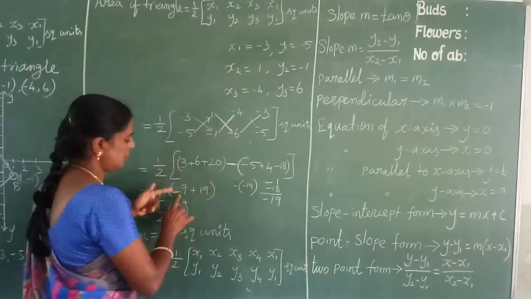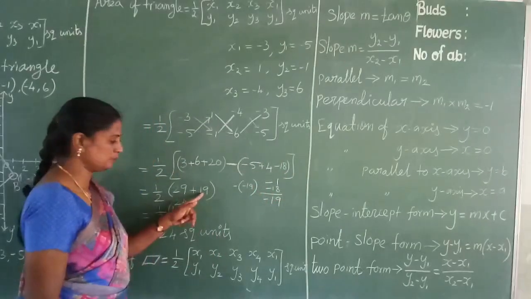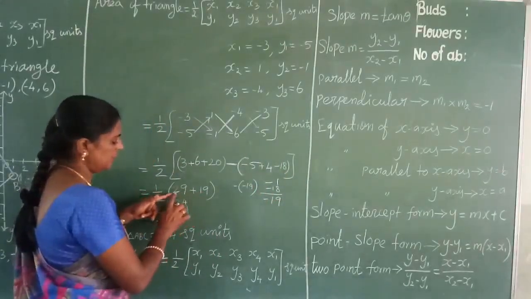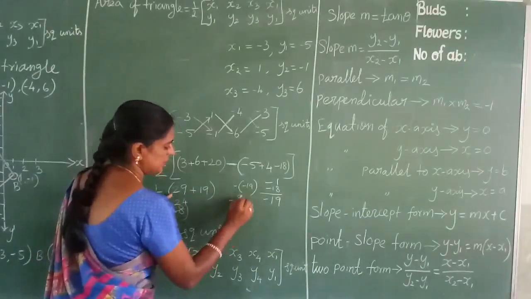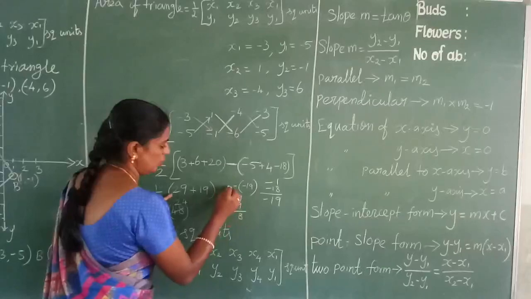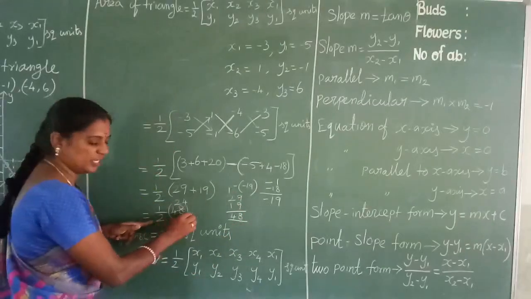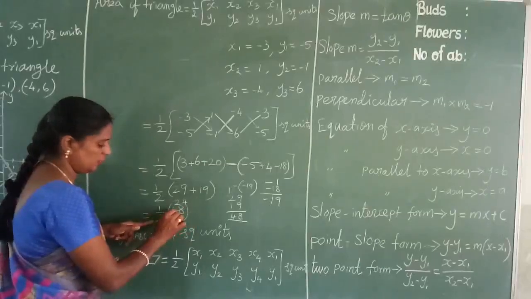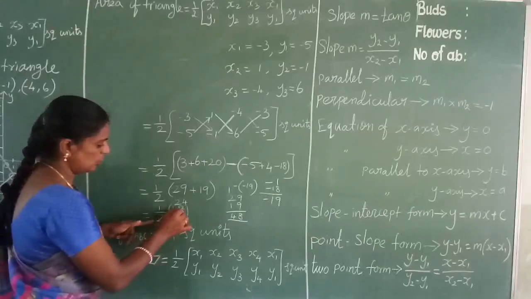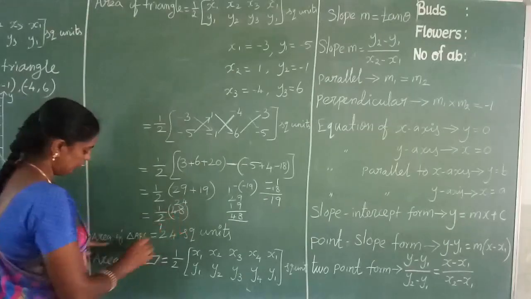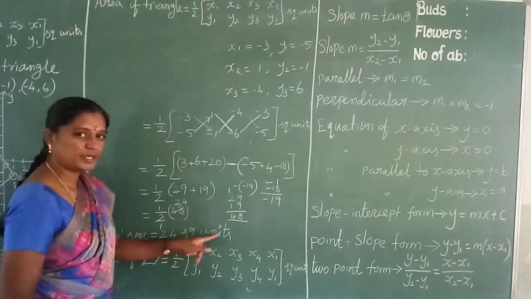Already this answer is 29, fully simplified, plus 19. So total 29 plus 19: 9 plus 9 is 18, 8 plus remainder 1 is 48. So 1 by 2 into 48; the numerator is 48, denominator 2, so we can simplify. 2 twos are 4, 24; 2 twenty-fours are 48. At last, the area of triangle ABC is 24 square units.